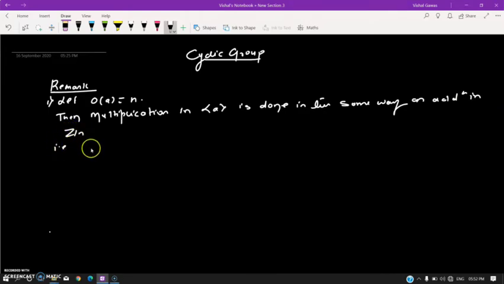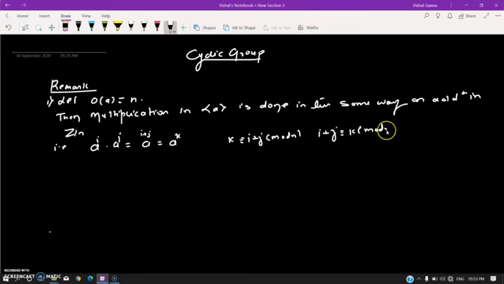That is, if I want to multiply a raised to i into a raised to j, this would be nothing but i plus j, right? That can be written as k, where k is congruent to i plus j mod n. In other words, i plus j is congruent to k mod n, that is the remainder which is left when you divide i plus j by n, right?